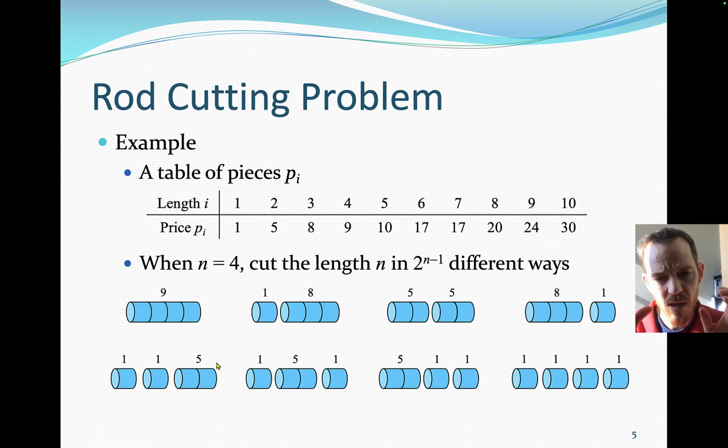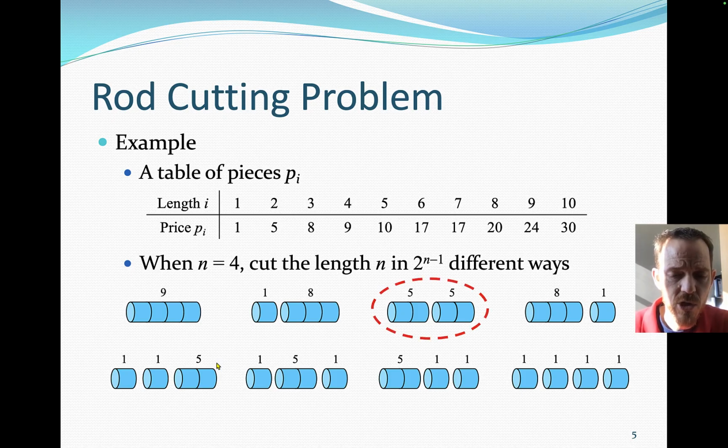Now, this is a very small length, and so the number of total possibilities is small. So then what we say is, well, we want the highest revenue, so we would choose the one where we cut it in half, giving us 2 pieces, each with a revenue of 5 units.